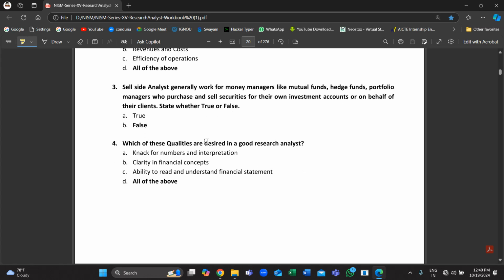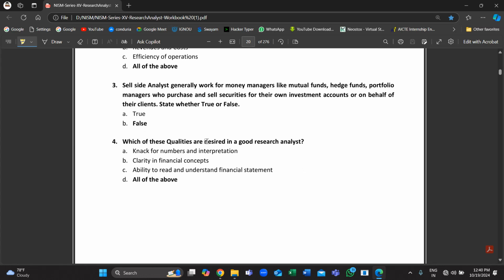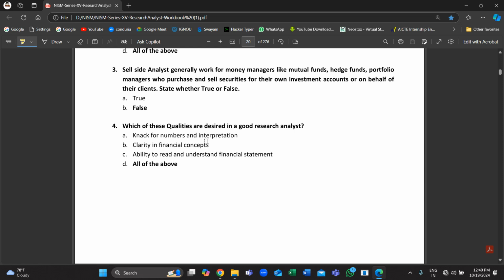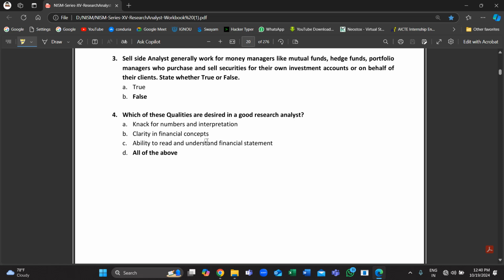Like they work for JP Morgan, Motilal Oswal, Prabhudas Lilladher, etc. They mostly provide publicly available research reports. Sell side research analysts mostly work there.